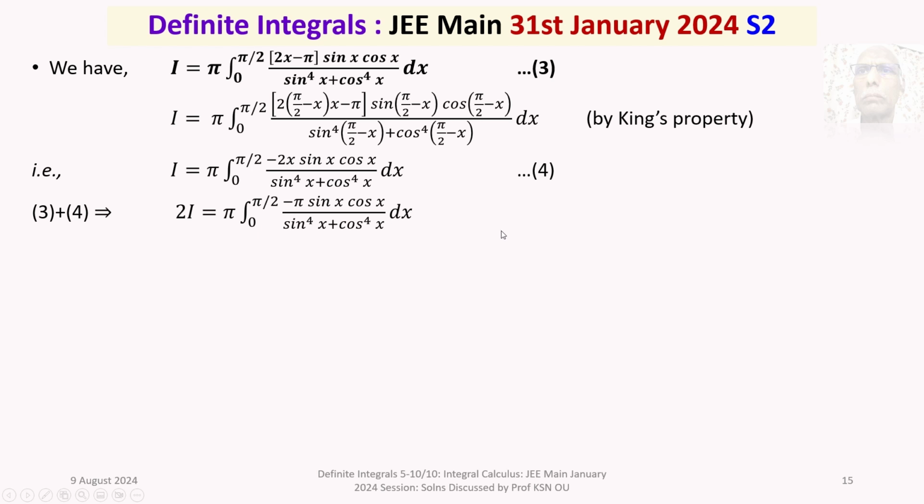So I is equal to minus pi square by 2, because 2I is this, integral 0 to pi by 2 of sin x cos x by sin to the power of 4x plus cos to the power of 4x dx. Divide both numerator and denominator by cos to the power of 4x.